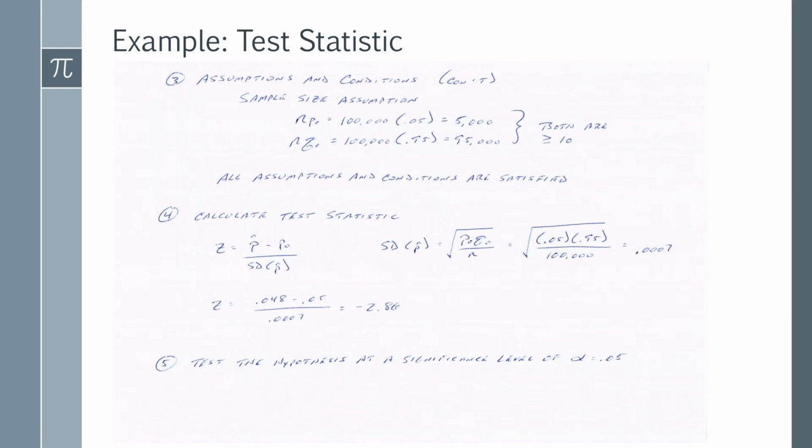We use our p hat, which is 0.048, minus our p naught of 0.05, divided by our standard deviation of p hat, 0.0007. That gives us a z-score of negative 2.86.